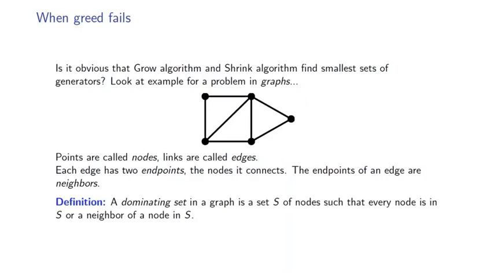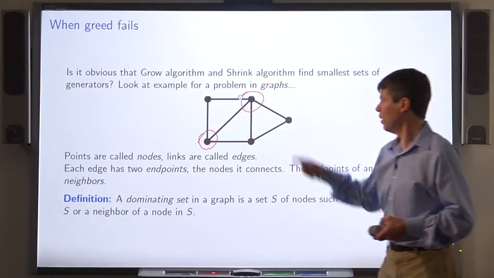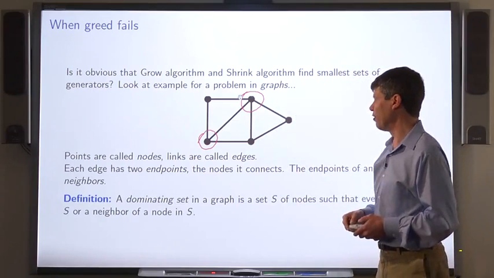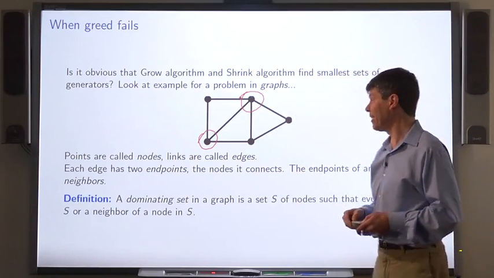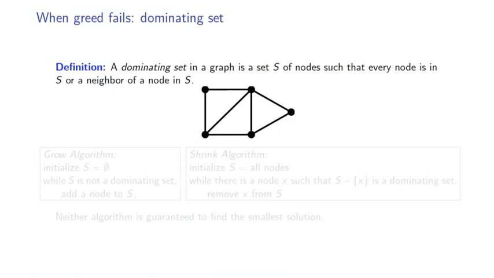Now, a dominating set in a graph is a set S of nodes such that every node is either in S or is a neighbor of a node in S. So, for example, the set of nodes I've circled here is a dominating set. Our goal is to find a smallest dominating set in a graph.